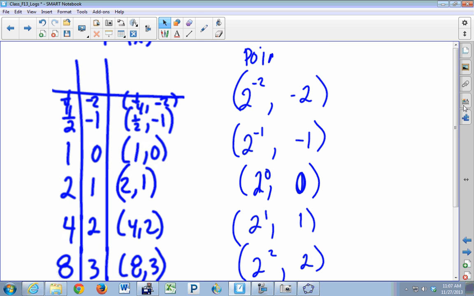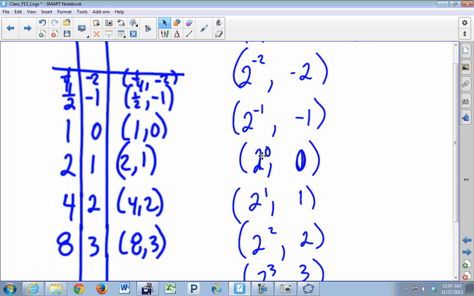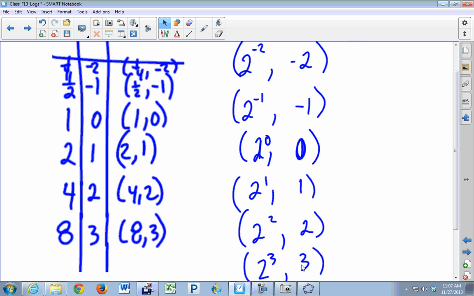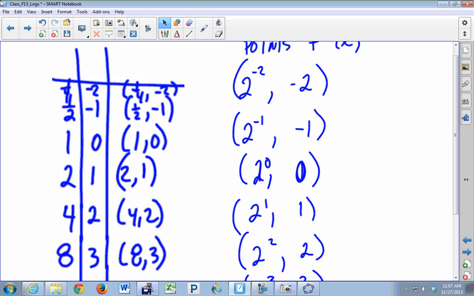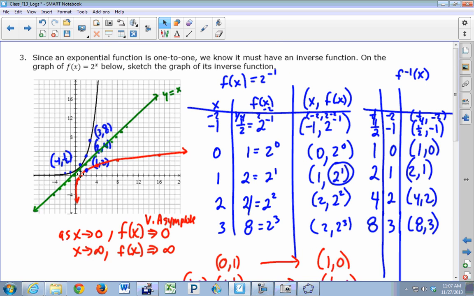These are the points that we plotted for F inverse of X before we knew it was called log, all right? So just take a look down this column, and then take a look down this column and see if you notice anything. Do you notice a pattern? Do you see how you might be able to go from your input directly to your output? This first column is your X values on this function right here, right?